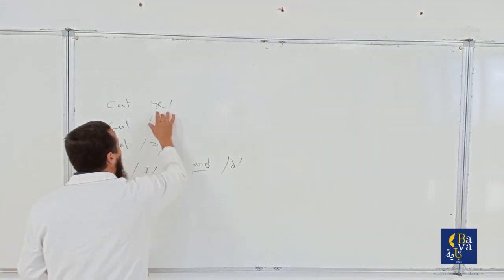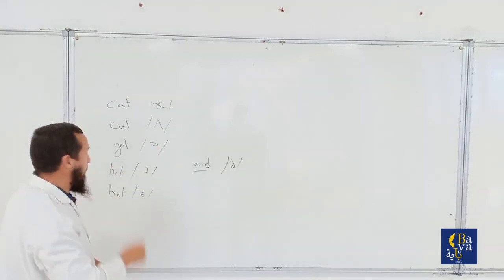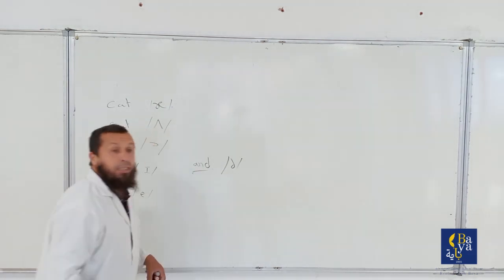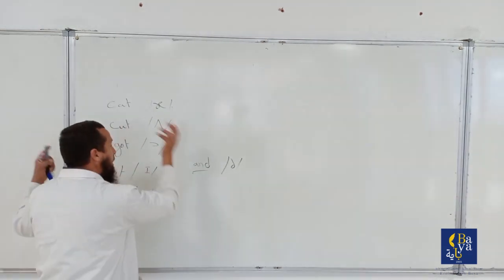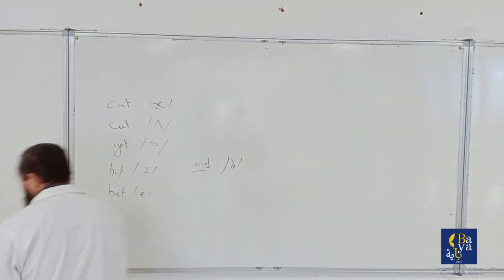We have a, e, i, o and u. These are short vowels. We call them what? Short vowels.